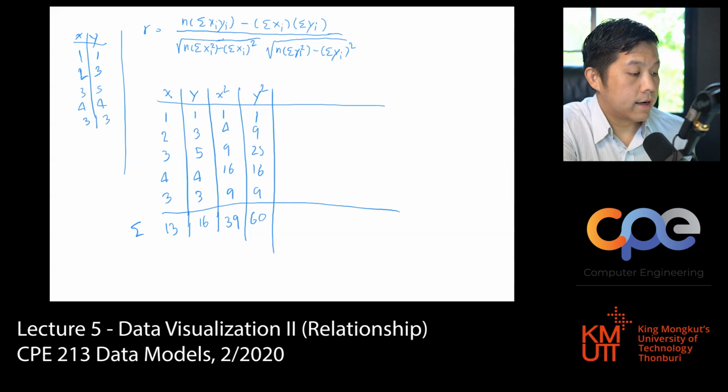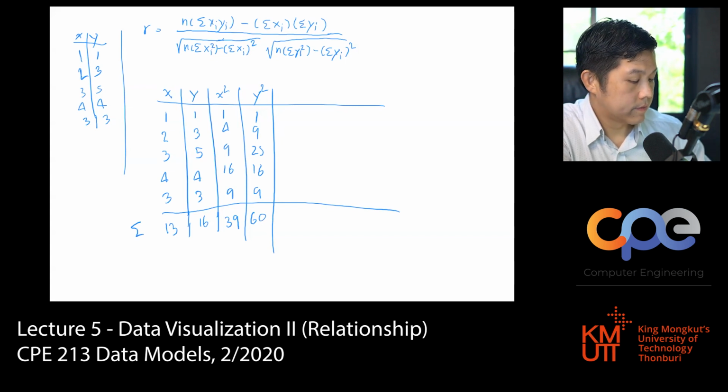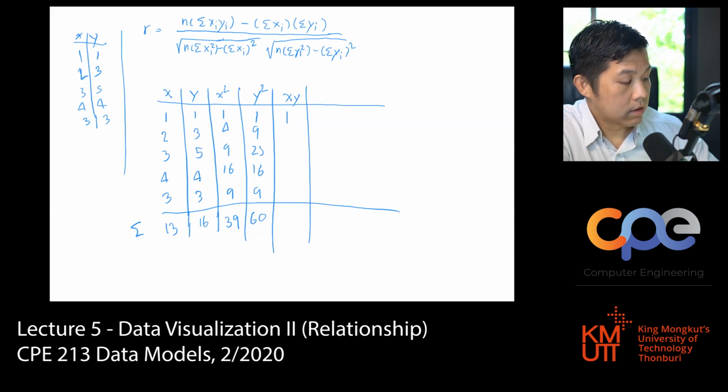Okay, and x times y: 1, 6, 15, 16, and 9.